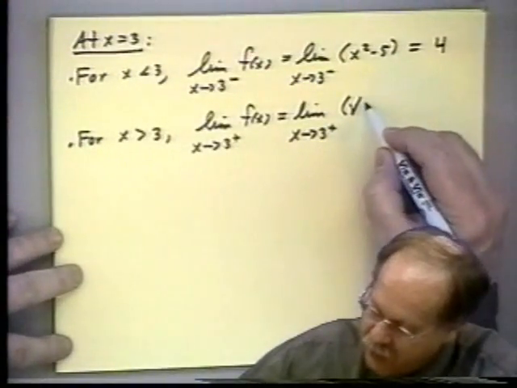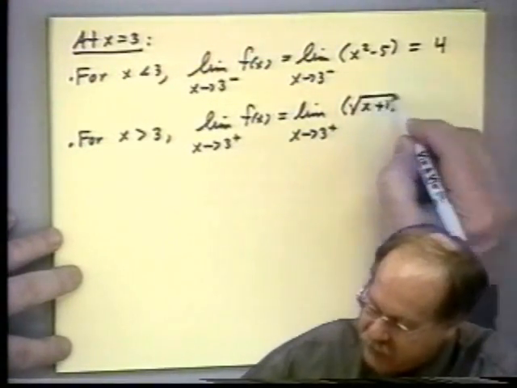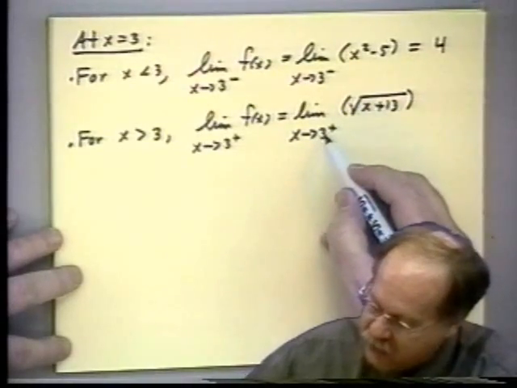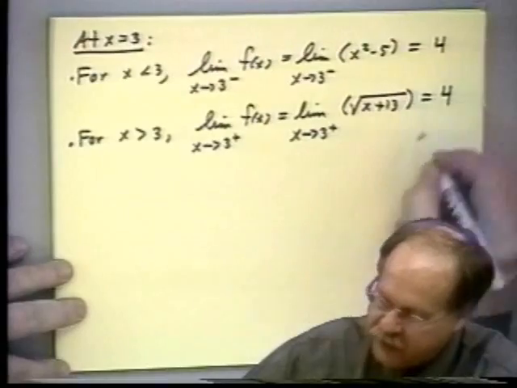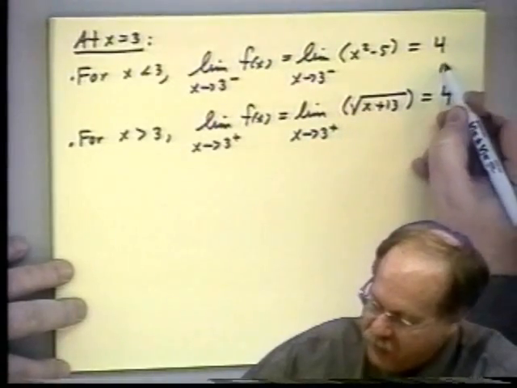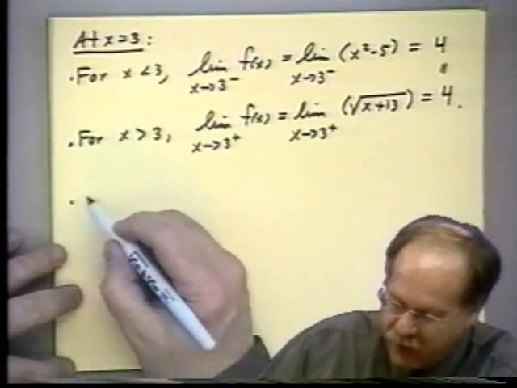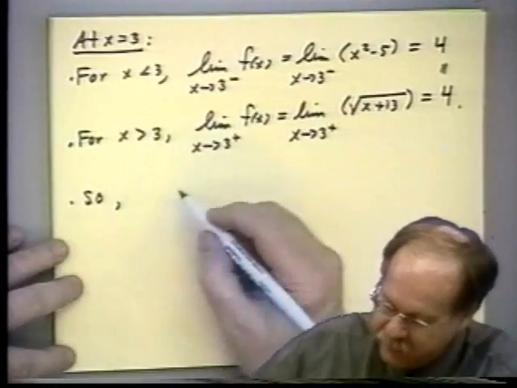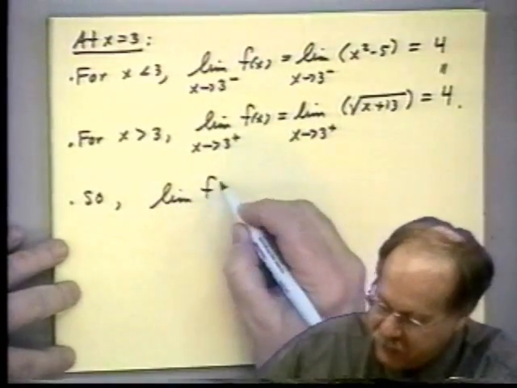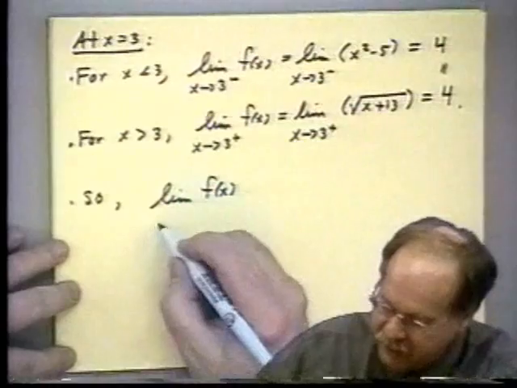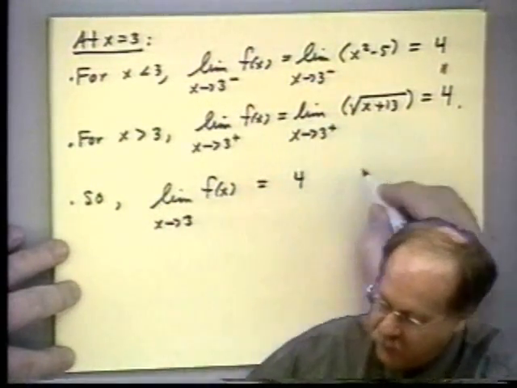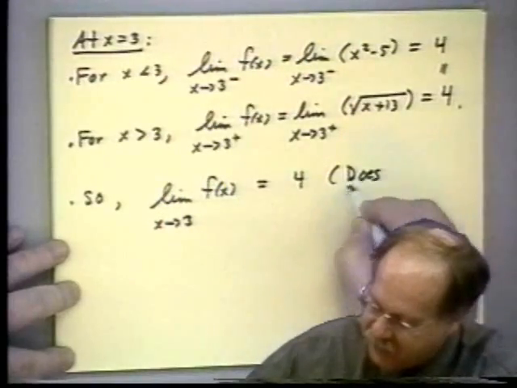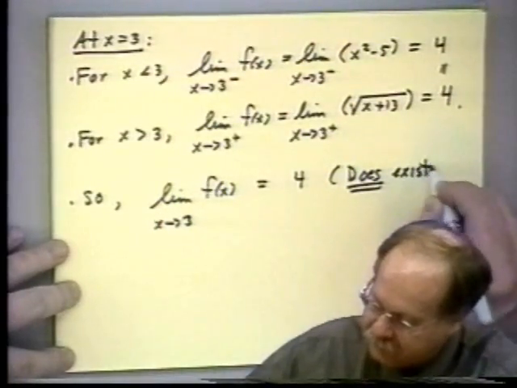And as x goes to 3, this becomes 16 in here, and the square root of 16, as you know, is 4. These two are equal. So we can conclude in this case that the two-sided limit as x approaches 3 of f of x equals 4. That is to say, it does exist.